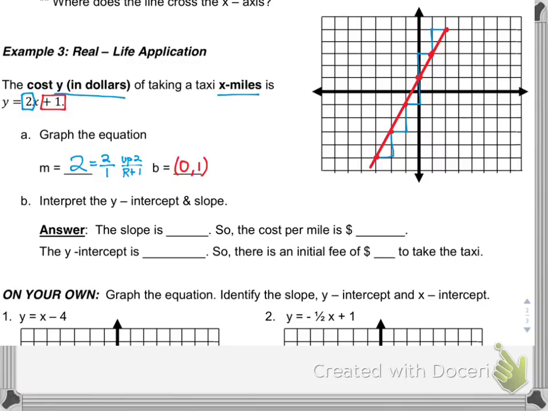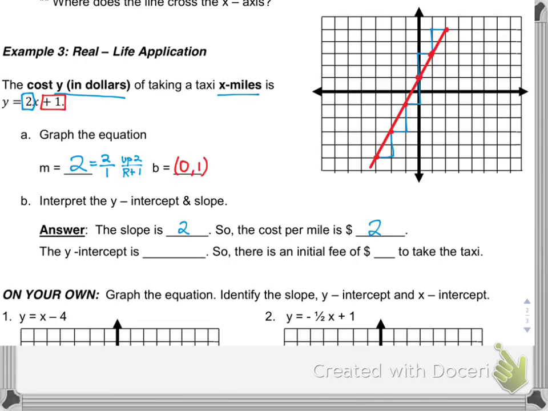Alright? Now, here's where it gets a little bit tricky. It says interpret the y-intercept and slope, meaning we have to go back to that taxi situation. The slope is 2. So what that means is the cost per mile is $2.